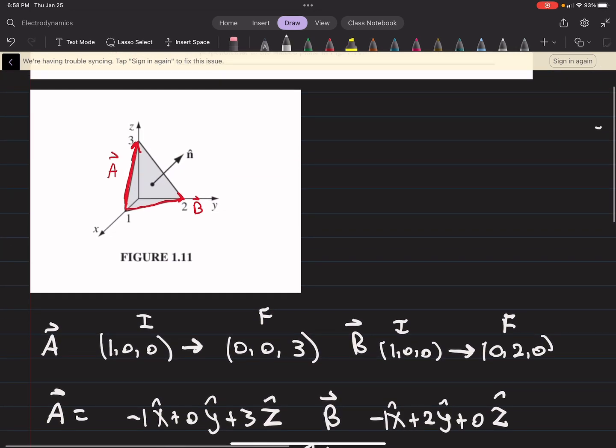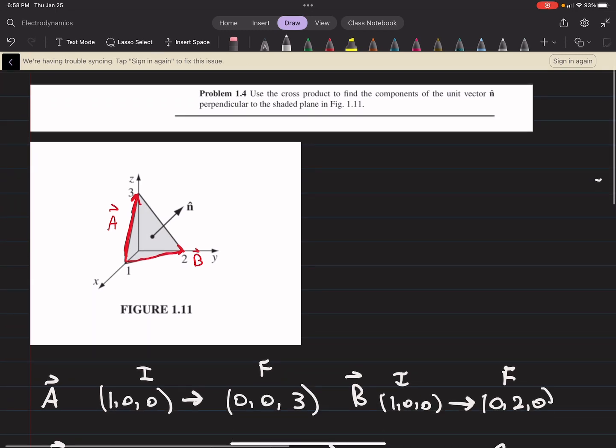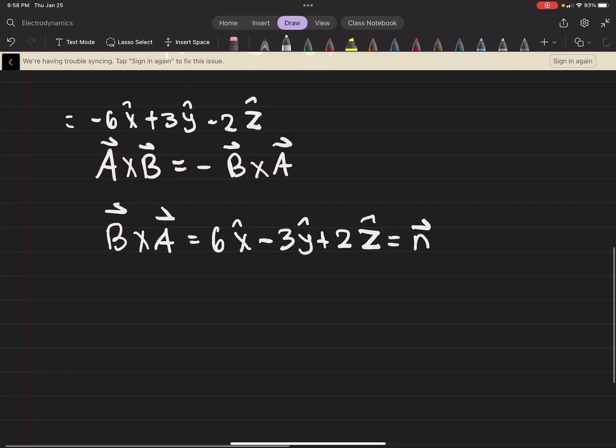But once again, we want the unit vector. If we have the normal vector, the unit vector is that normal vector divided by the magnitude of the normal vector. So what is the magnitude of this vector?